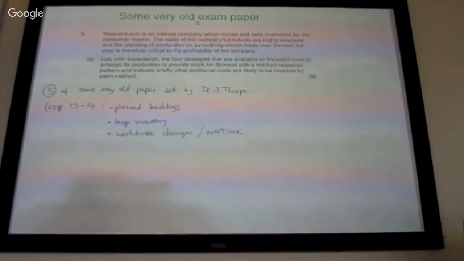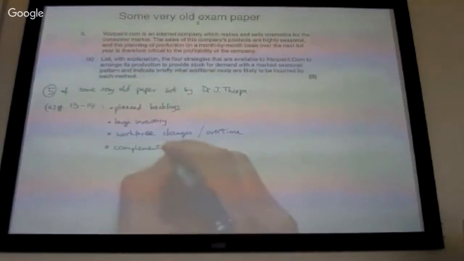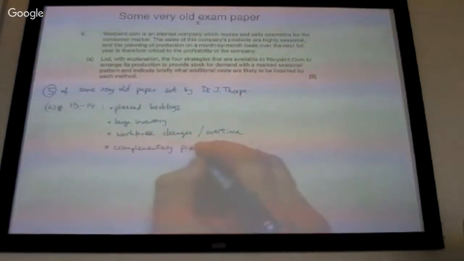And then there's a strategy of complementary products. So if you're producing sunscreen, you should also produce something that's needed in winter in the same factory. Okay.